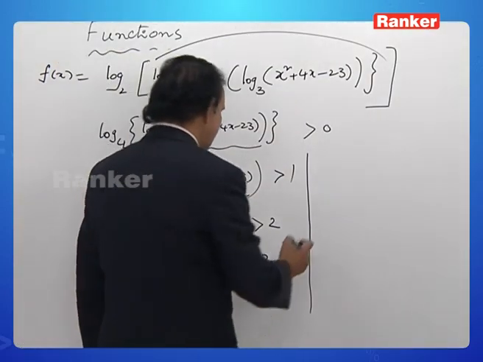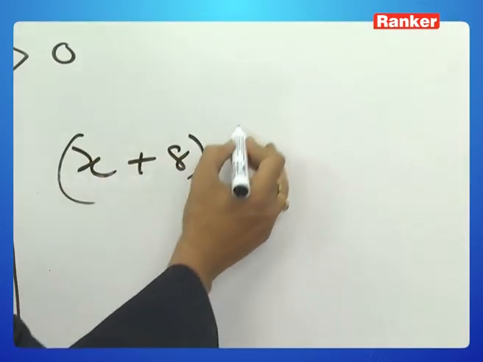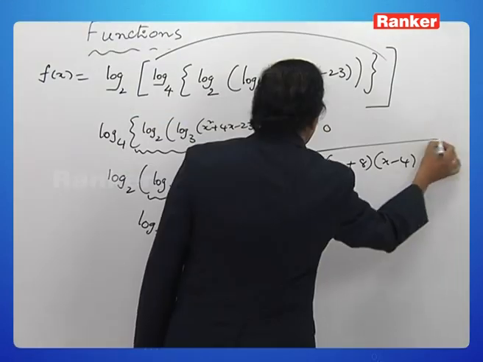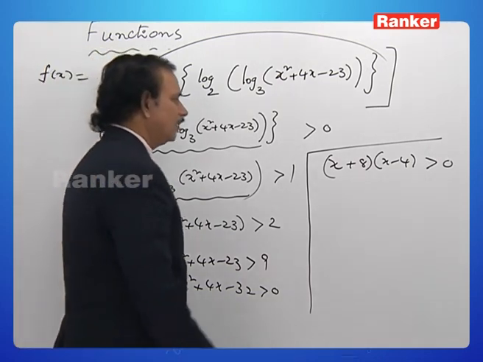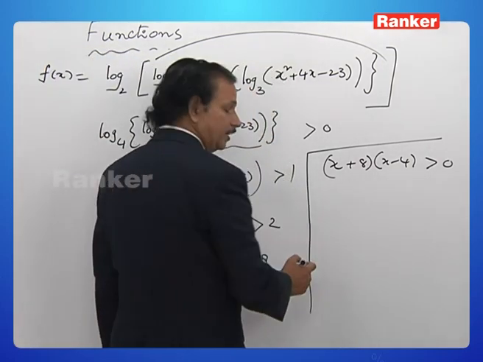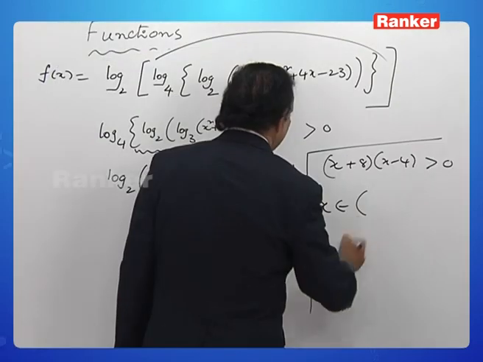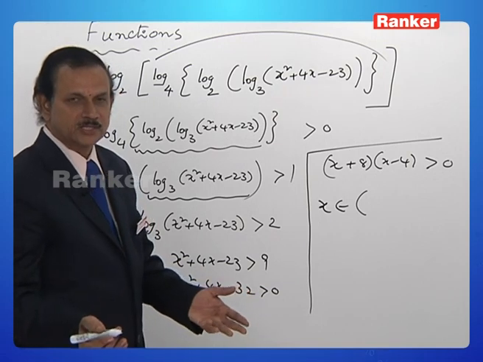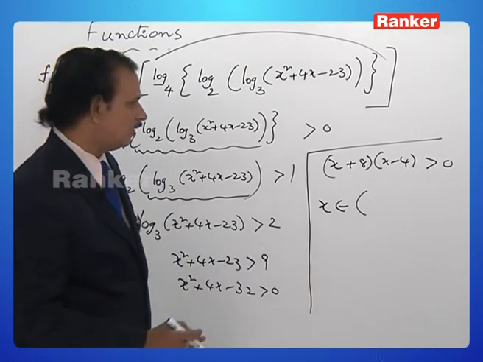And we can easily have the factors for this. x plus 8 into x minus 4 greater than 0. By using the sign concept, it is very easy to trace that x does not lie between minus 8 and 4. That is, it lies below minus 8 or beyond 4.